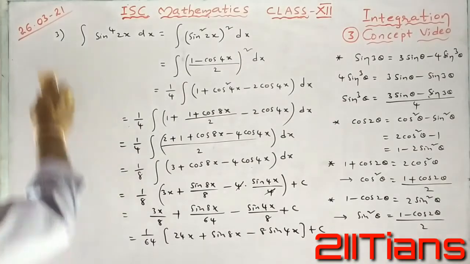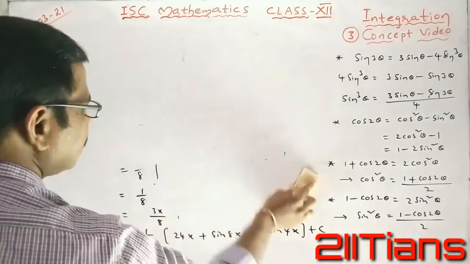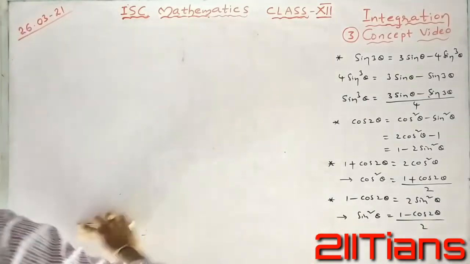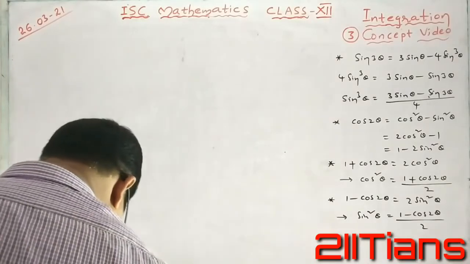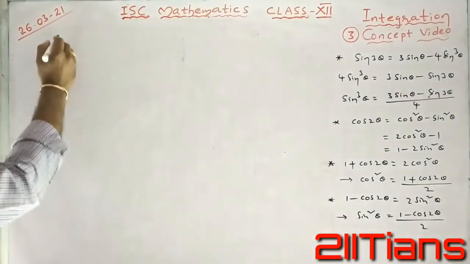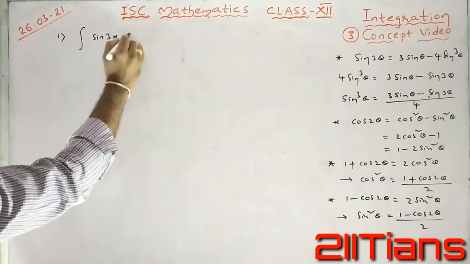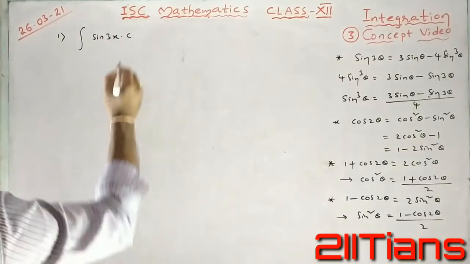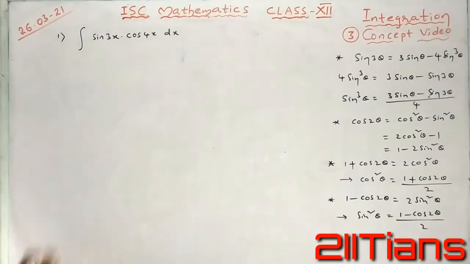Okay? So this is the way we can proceed. Direct forms will not be given, so we can change them into standard forms. Right? Suppose integral sin 3x into cos 4x. Product form is given here.